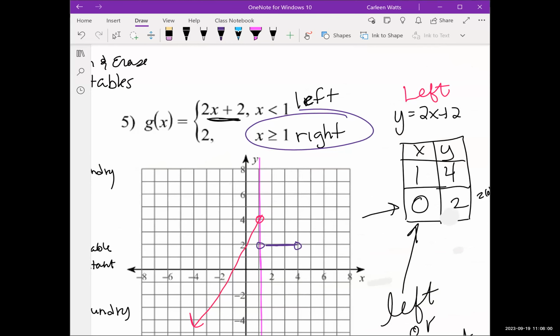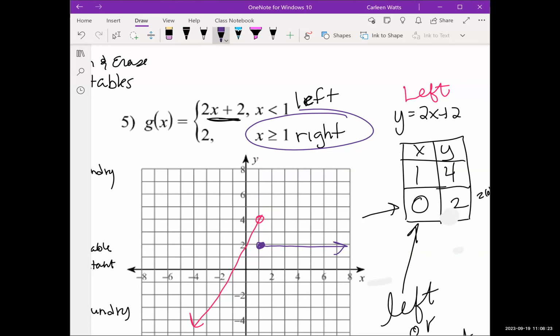So start at the boundary, closed circle, go to the right. So that's what we're going to do. We're going to start at the boundary, closed circle. That circle is going to disappear. Horizontal line to the right, erase the boundary. There's my line.